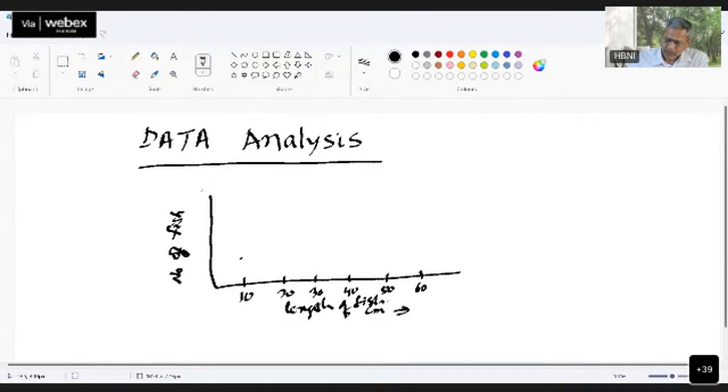Then I make a histogram of the numbers I got.